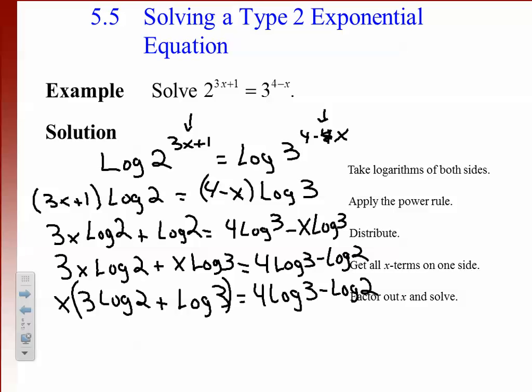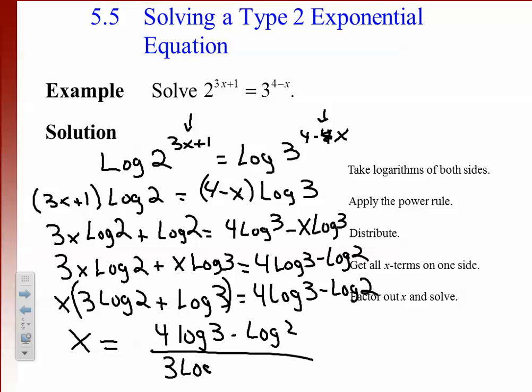And when we solve for x, then we would say that x equals, and it's all of this on the right side, 4 log 3 minus log 2 all over 3 log 2 plus log 3.